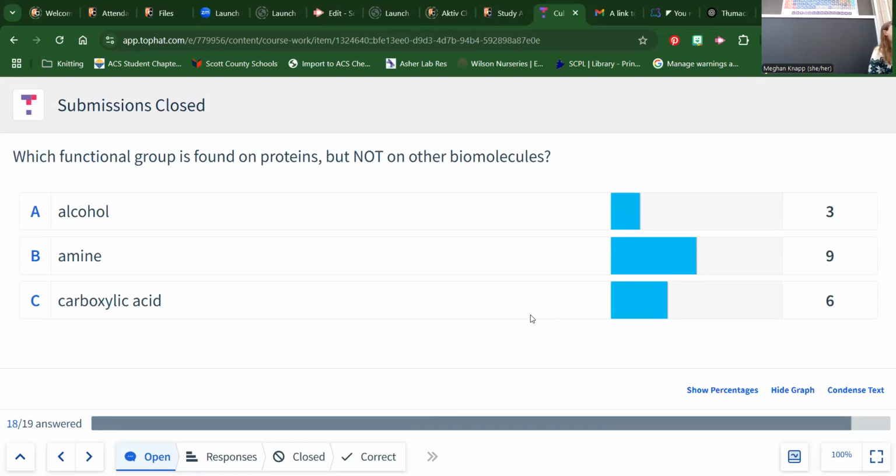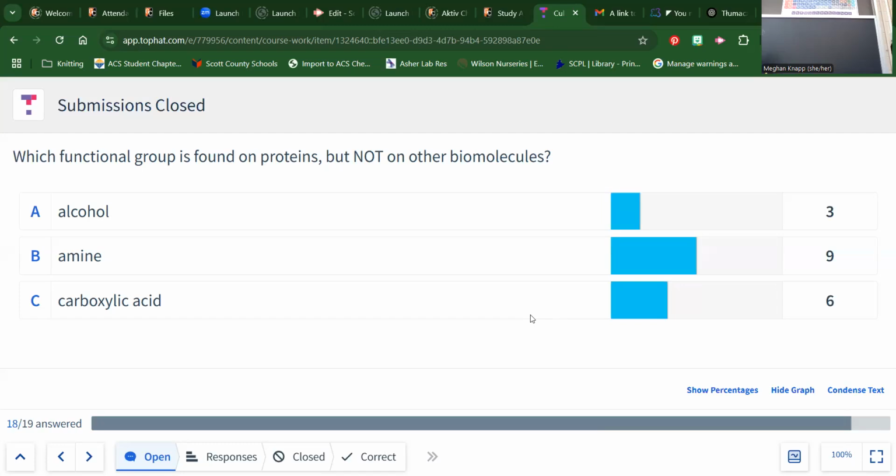So the amine is the one that has nitrogen, and that's in proteins, which we call the amino acids. Okay, so good one to know there. Proteins have amines. Your sugars are basically in rings. And then hanging off of the rings, there are a bunch of these OH groups, carbon OH.